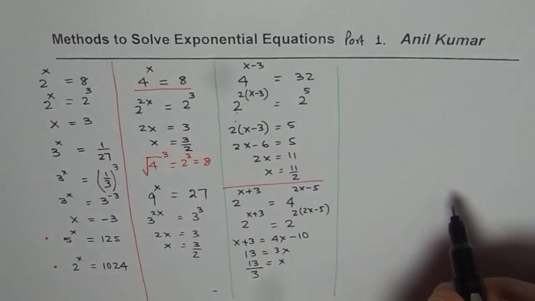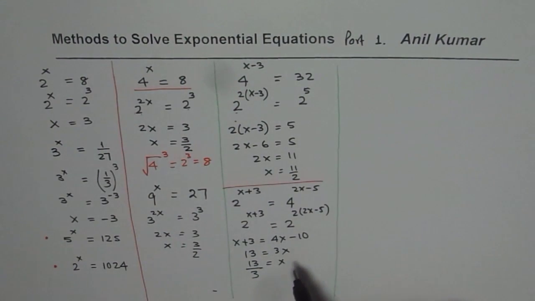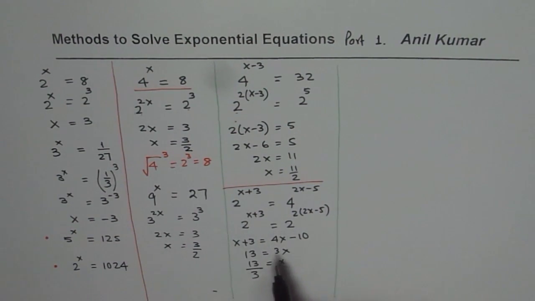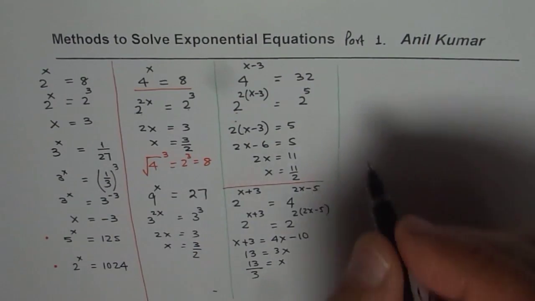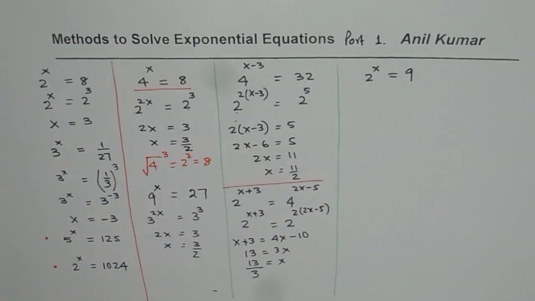Okay, so as we have seen so far, most of the time we were in a position to get something to the power of something and equate the same base. But always that may not be possible. For example, if I tell you 2 to the power of x should be 9, how do we solve this equation?